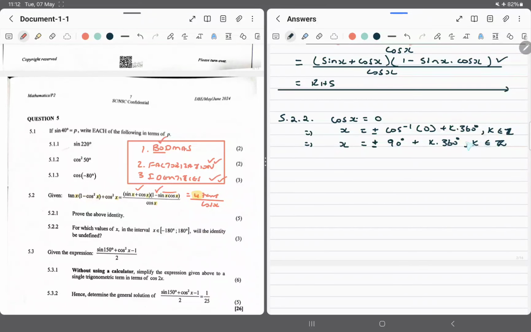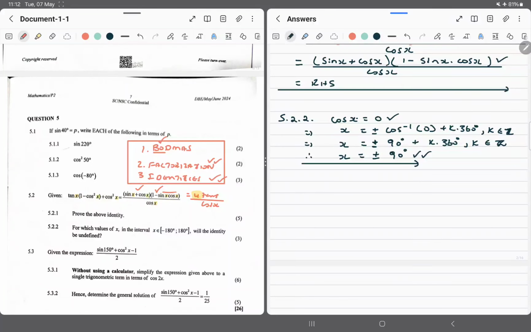That means k must be 0 here. So we can say, therefore, our x is plus or minus 90 degrees when k is 0, because anything else will give us angles outside that domain. Okay, that's easy. So 2 marks for those two solutions, the positive and the negative.